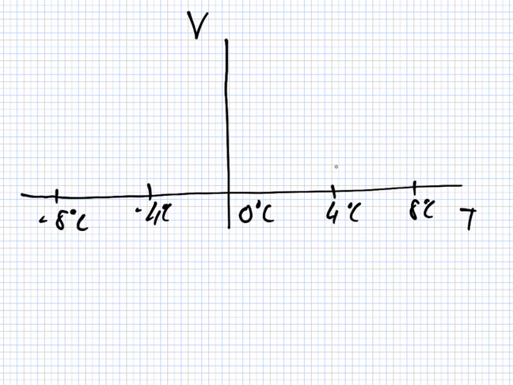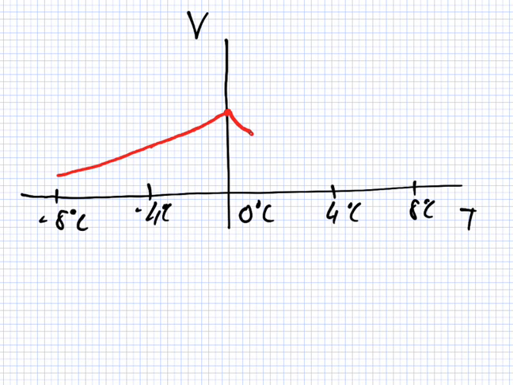So as the temperature gets smaller, the ice gets tighter, the volume gets smaller, so the graph goes like this. Then you increase the temperature, what happens to the volume? It increases. Yeah. And then what happens at this point? It turns into a liquid. But this is really strange now. The volume decreases.